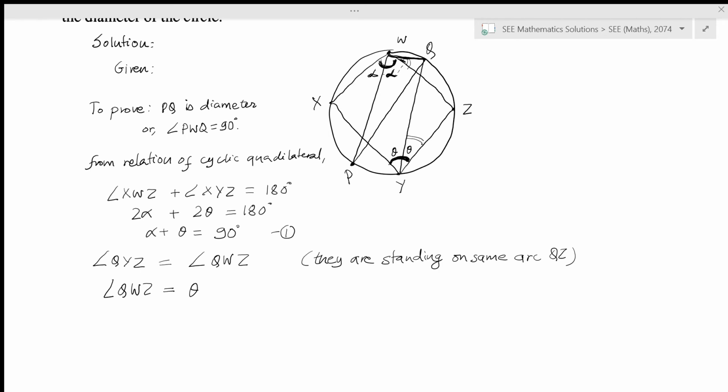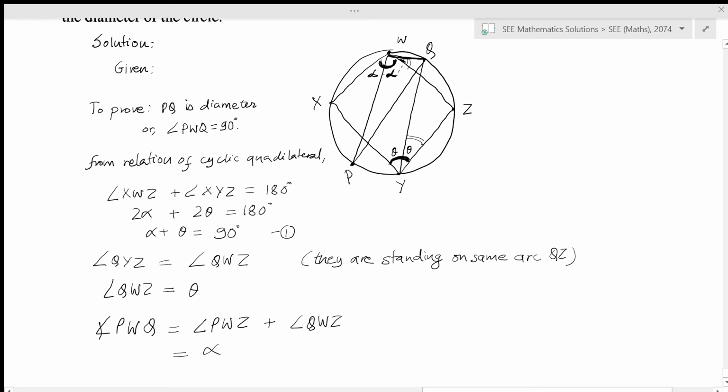Now let's find out angle PWQ. Angle PWQ is equal to angle PWZ plus angle QWZ, right? Angle PWZ is alpha because the whole angle is 2 alpha and it was bisected.